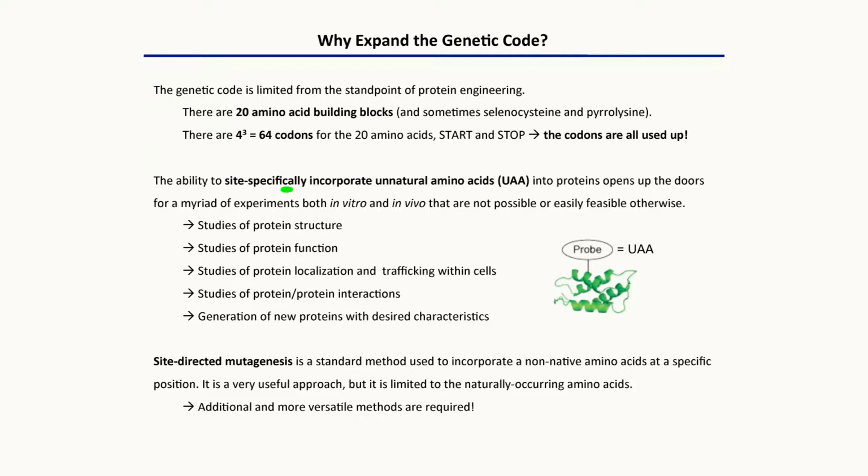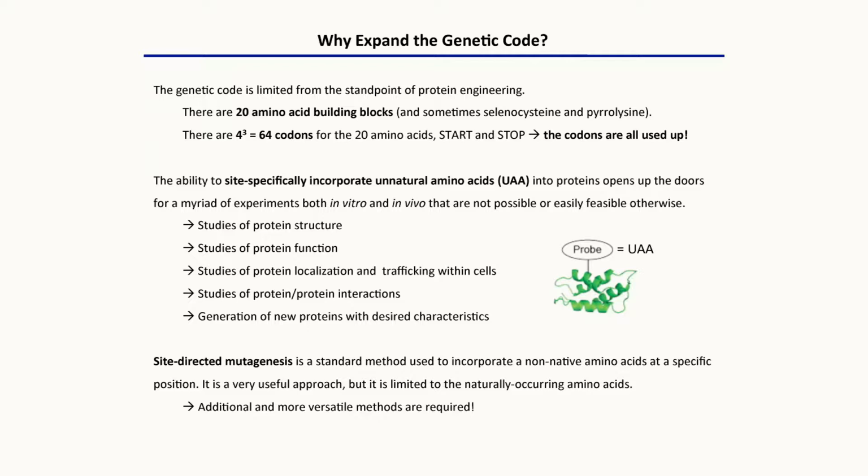Ways to study protein function, protein localization. For instance, instead of attaching GFP, which is big, to a protein of interest, maybe it's possible to incorporate a fluorescent amino acid that lets you see that protein in the cell. Protein-protein interactions. And maybe we'd like to make a new protein that has some desired characteristic. So there's a lot of possibilities to such technology.